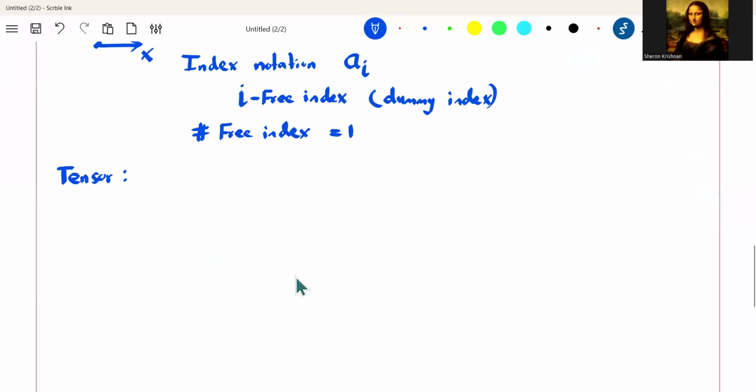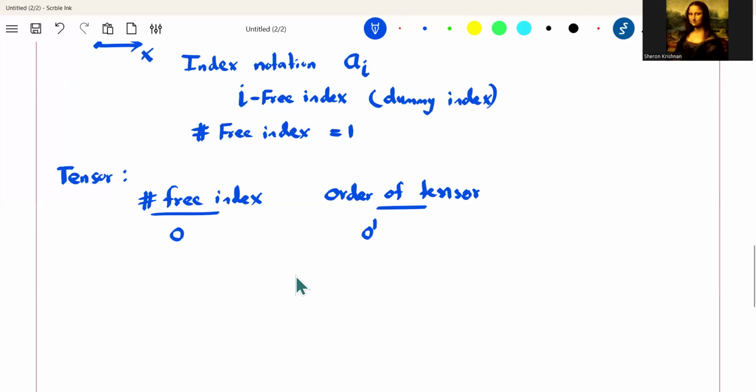The first column, I will put the number of free index. Then I'll put the order of tensor. So for example, if you have zero free index, no free index, we call it zeroth order tensor.